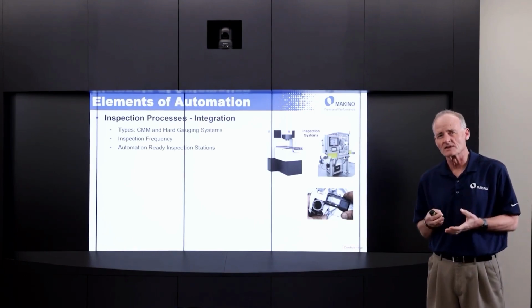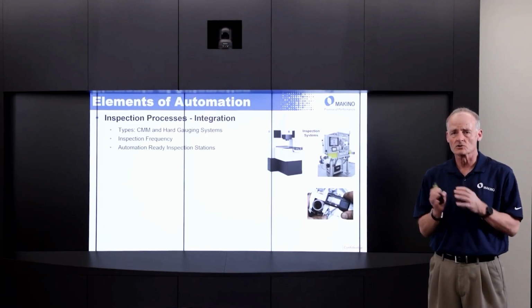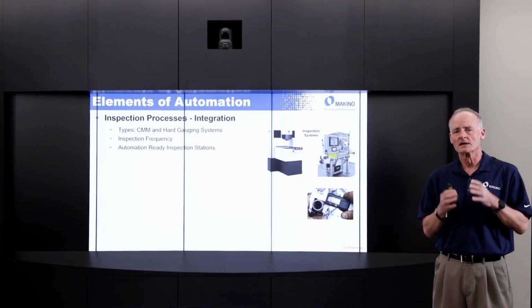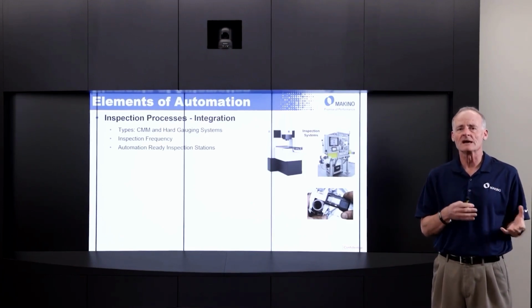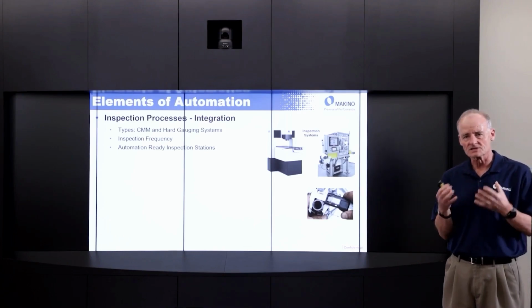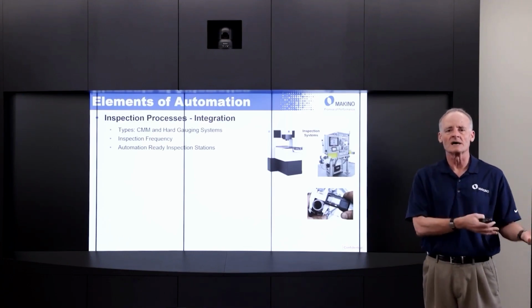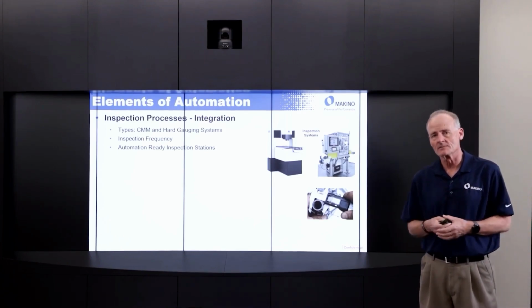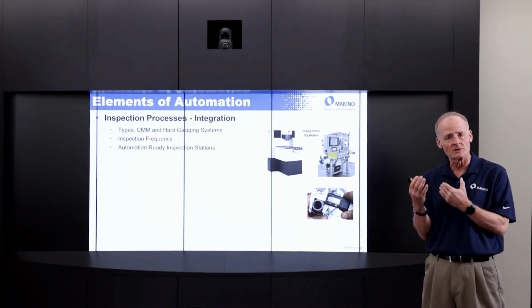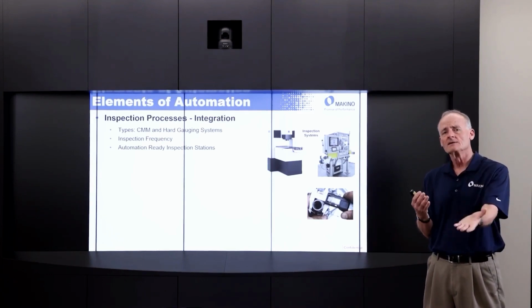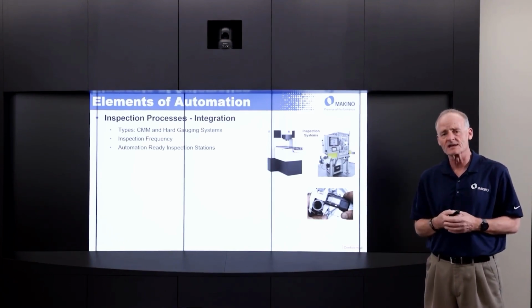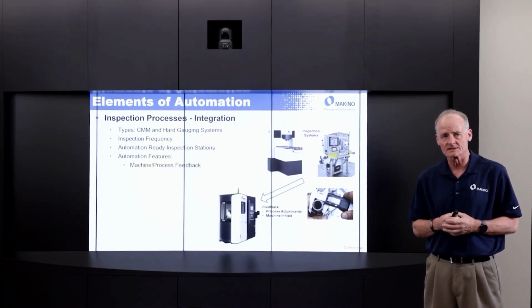And then you want to make sure that any of those stations that you're going to integrate with the automation are able to communicate and interact with the automation system. So CMMs, we've integrated CMMs with robotic loading of the CMMs. But you just want to make sure you can communicate, number one, and then that you have access and you have the proper setup in order to support an automated feeding of parts through your inspection processes.